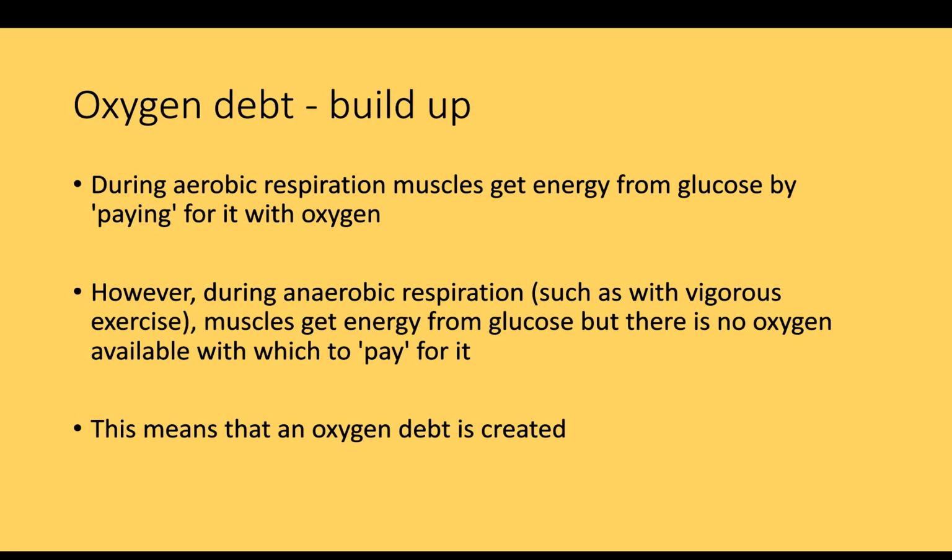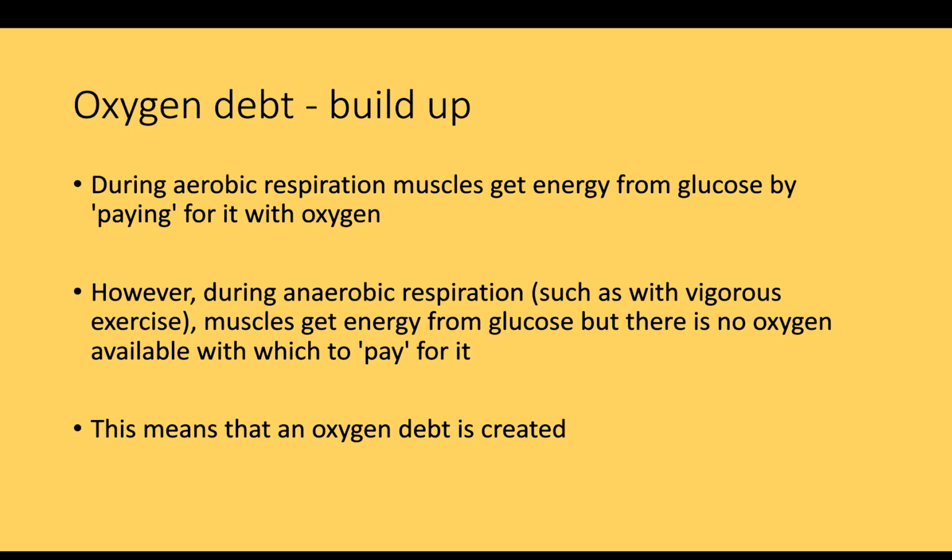Normally during aerobic respiration, muscles will get energy from glucose, and they pay for it with oxygen. So in our respiration equation, glucose and oxygen are used to release energy.